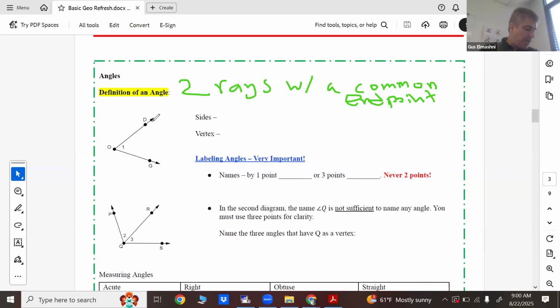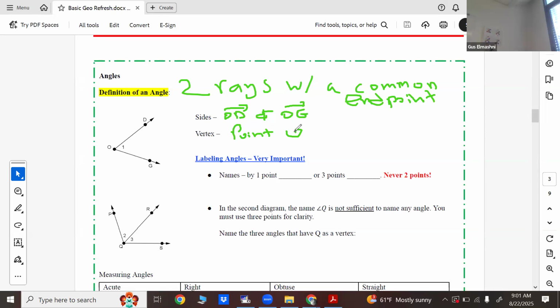So the sides here would be OD and OG. The vertex, of course, is point O. So angles must always have 2 rays that have a common endpoint. The common endpoint clearly is O, OD, OG, there are my rays.